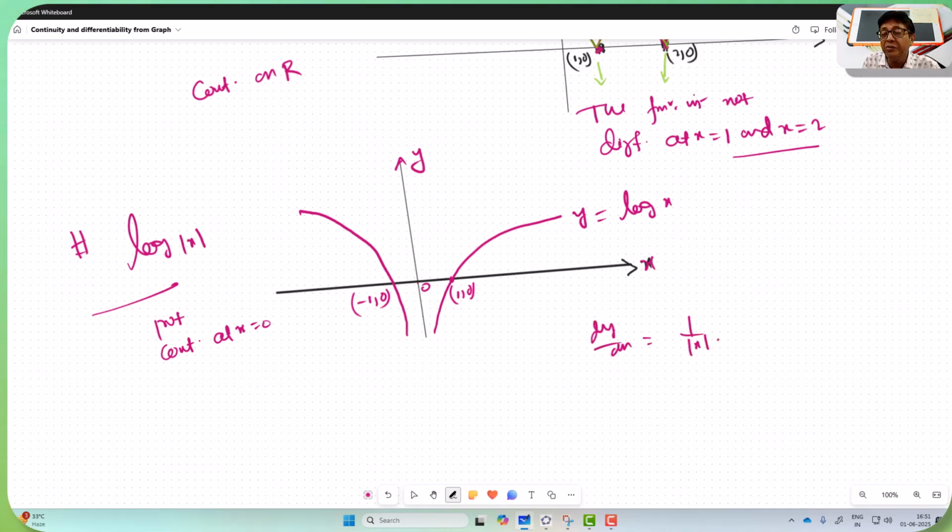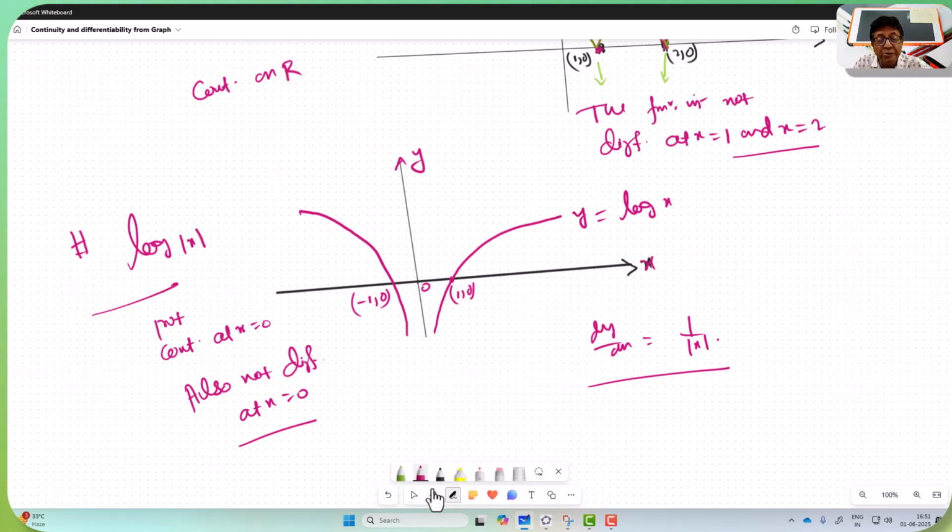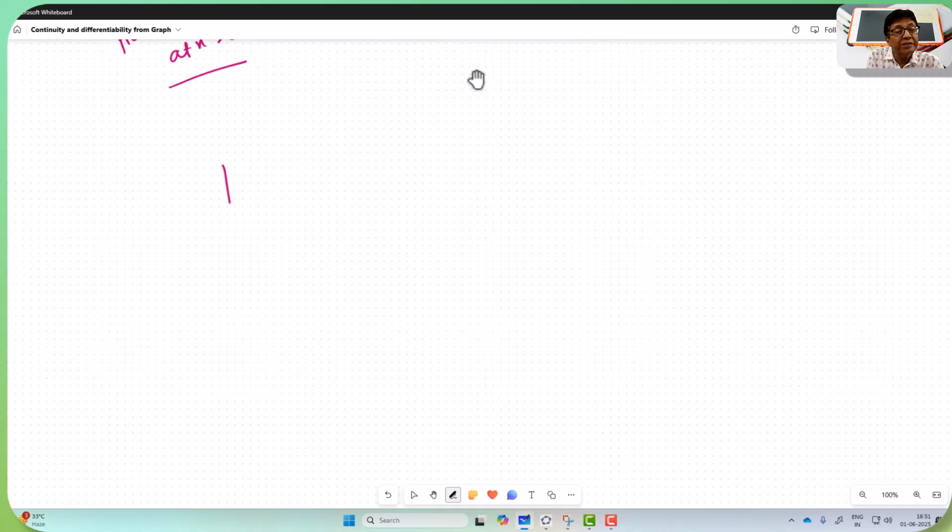At x equal to 0, it is 1/0 form. So not continuous at x equal to 0 and also not differentiable at x equal to 0. Clear?